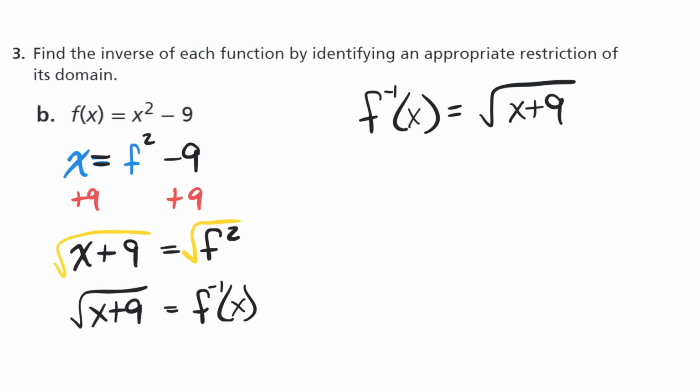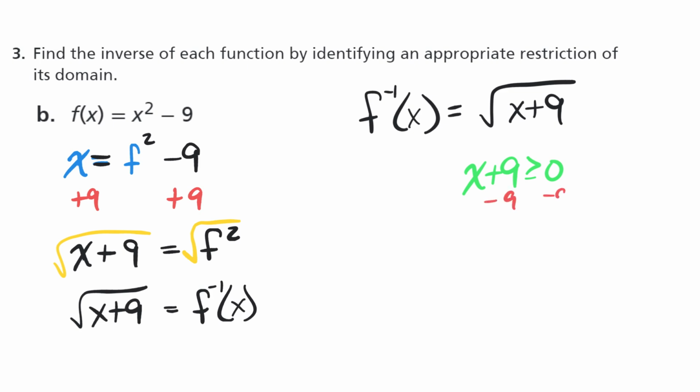So we have now created a square root. So we need to make sure that that square root stays positive. We cannot take the square root of a negative number, so we need to make sure that x plus 9 stays positive. So that would be any value greater than or equal to 0.